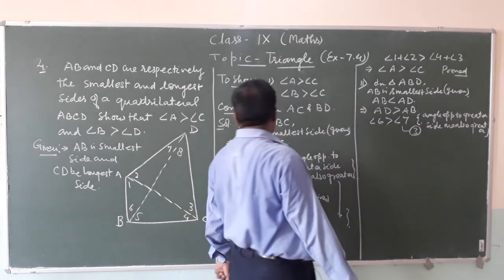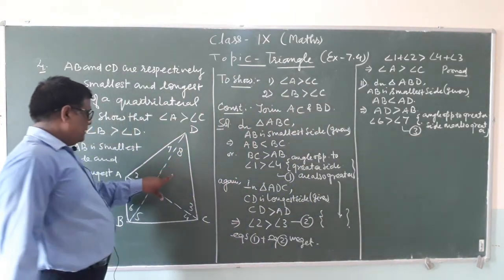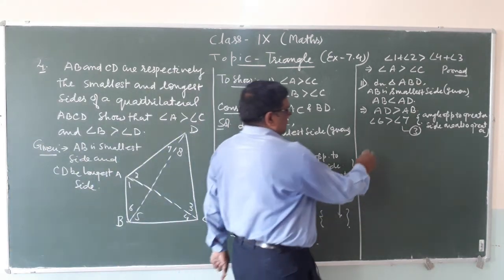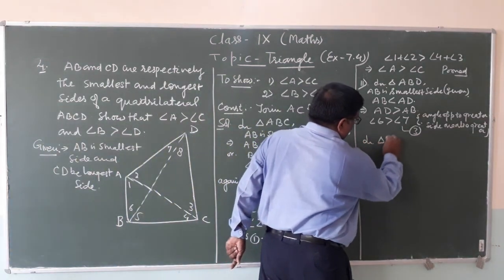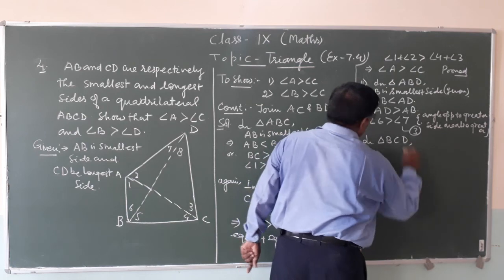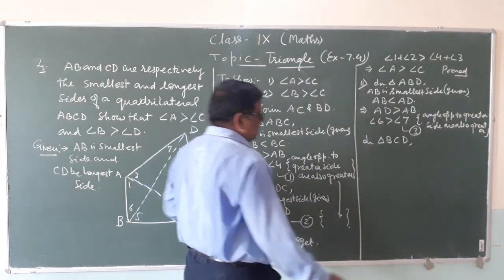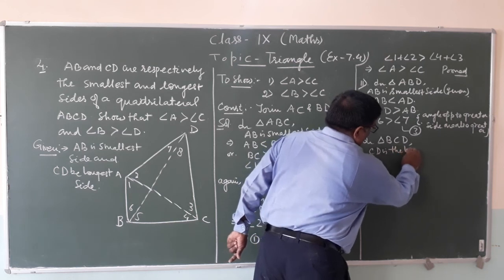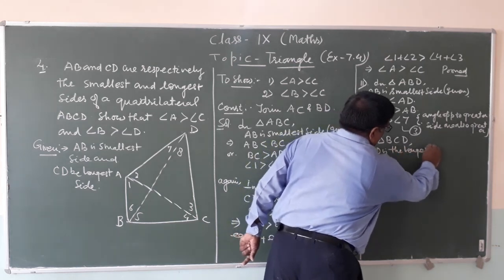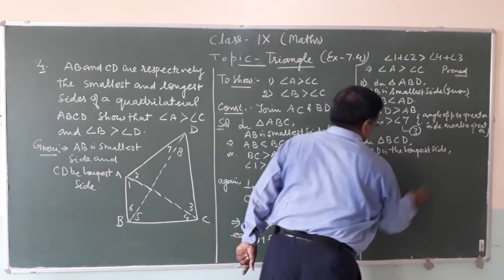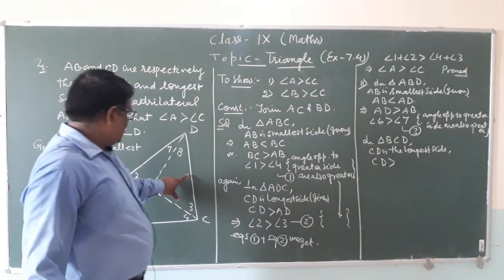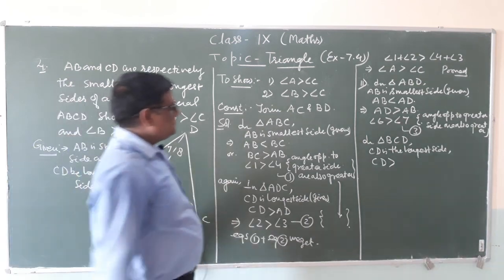And now again, using this property in triangle BCD, CD is the longest side. So, CD is greater than BC.